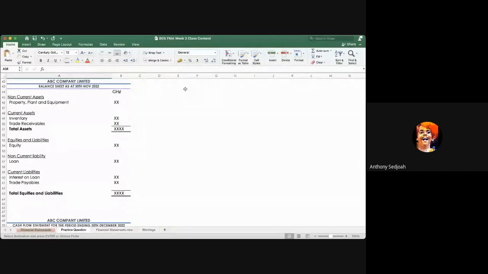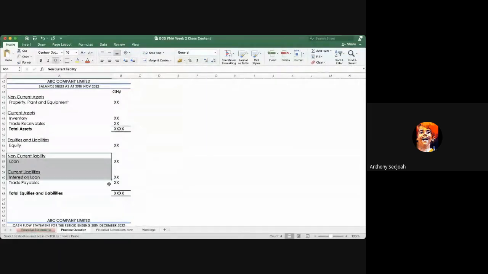Those of you who do accounting know that there's this accounting formula where you say assets is equal to capital plus liabilities. So assets, as in your total assets, non-current assets and then current assets, the total should be equal to your capital plus your liabilities. So in preparing our balance sheet, we will state our assets there, we will state our capital there, we will state our liabilities there.